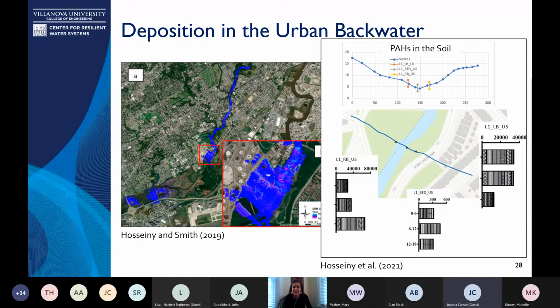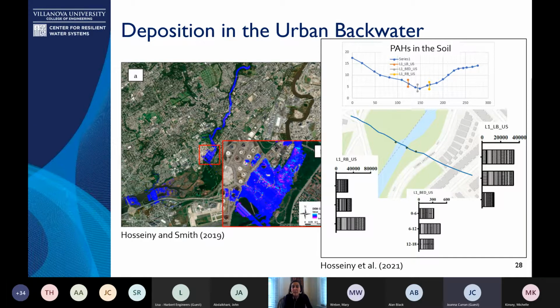But we can also then apply this idea to how we're thinking about rivers. This is an example from Darby Creek, which is in the Philadelphia area also. And we took this idea of the shear stress and what's being deposited and thought about PAHs as opposed to thinking about nitrogen. So PAHs, polyaromatic hydrocarbons, are a carcinogen, and they are coming from a Superfund site that's just upstream of this study area here in Philadelphia.